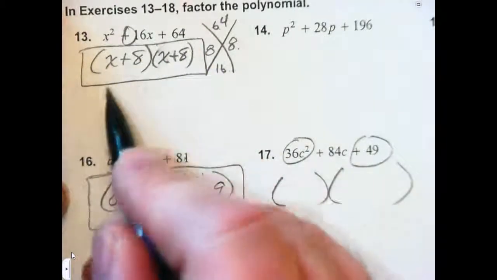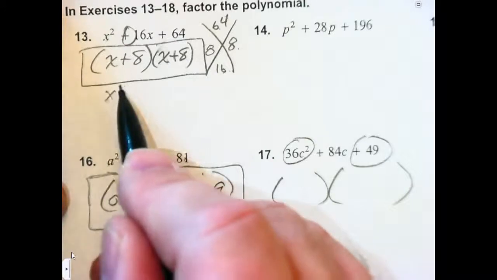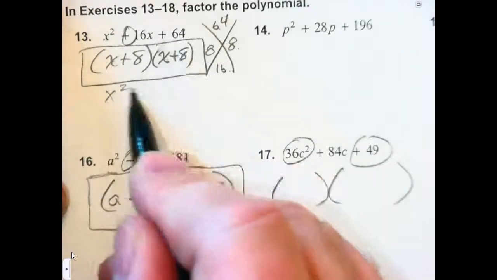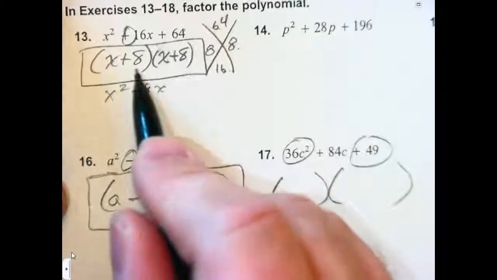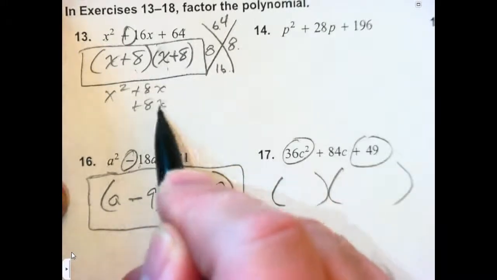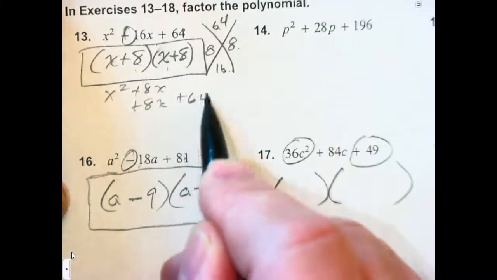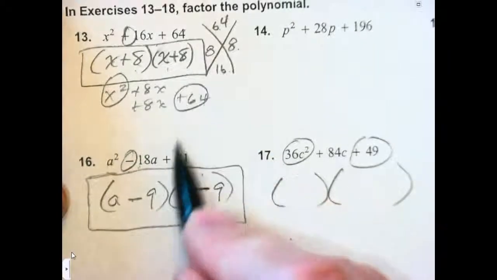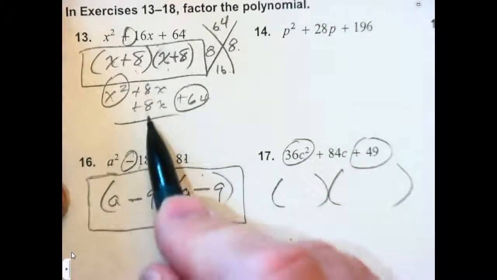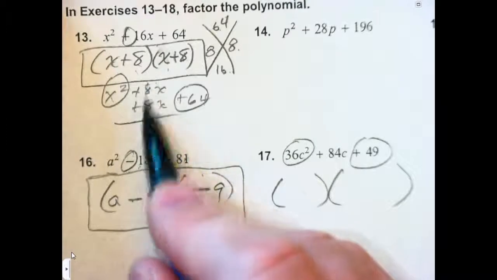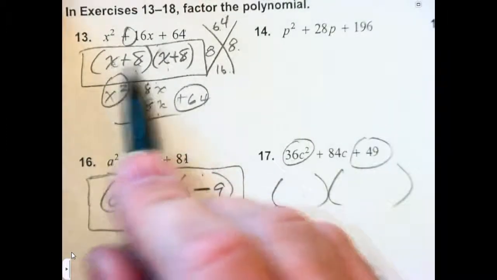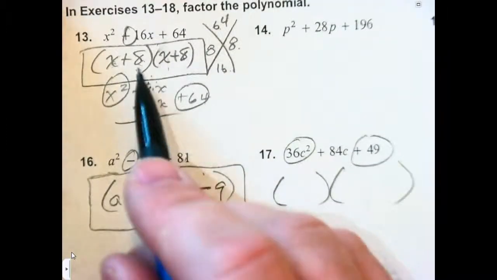If we were to multiply this out, we get x squared plus 8x, plus 8x again, plus 64. Here's the perfect square, and here's the perfect square. The middle number has to be 2 of these two. That's 8x, right? You have to have double that.